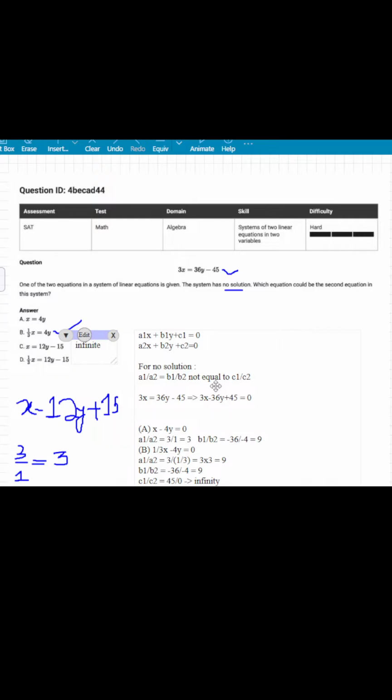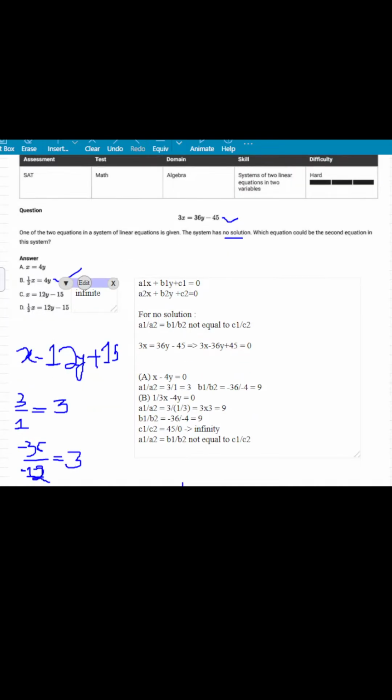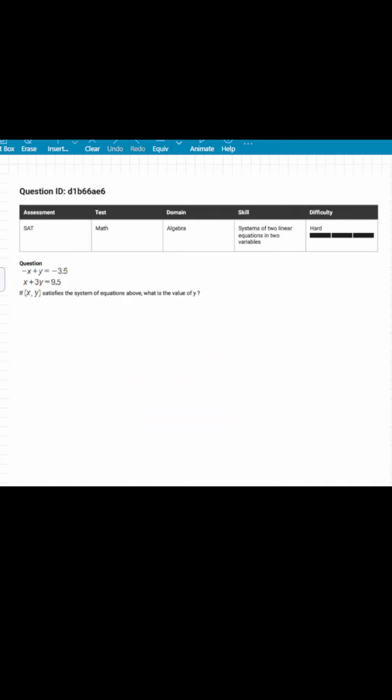Now let us move to the next question. Okay. So the next question is this. It is again an algebra question of system of two linear equations in two variables, and it is a hard question.